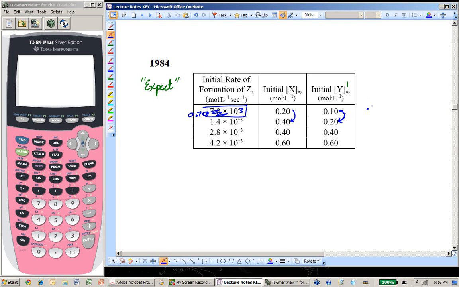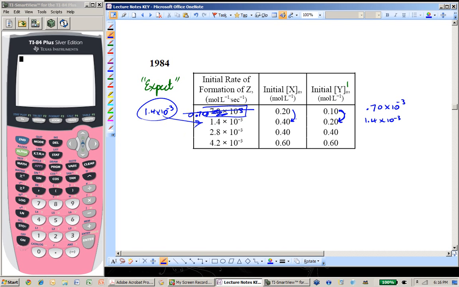So if this was 0.70 times 10 to the minus 3, by the time it gets here, it's going to be 1.4 times 10 to the minus 3 anyway, just because that doubled. So I mark through this and I say I expect, just because I doubled y without even looking at what x is doing, this is going to become 1.4 times 10 to the minus 3. And that's what I compare to 1.4 times 10 to the minus 3.